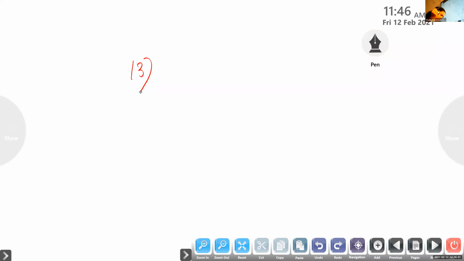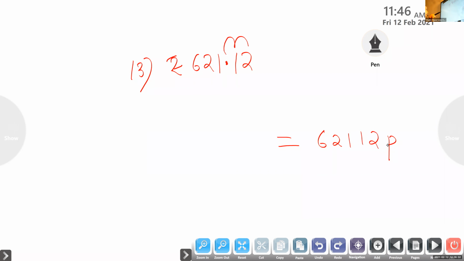Convert rupees 621.12 into paise. Okay. So children, I will show you an easy method. What we have to do is go from left to right. So the answer is 62112 paise.